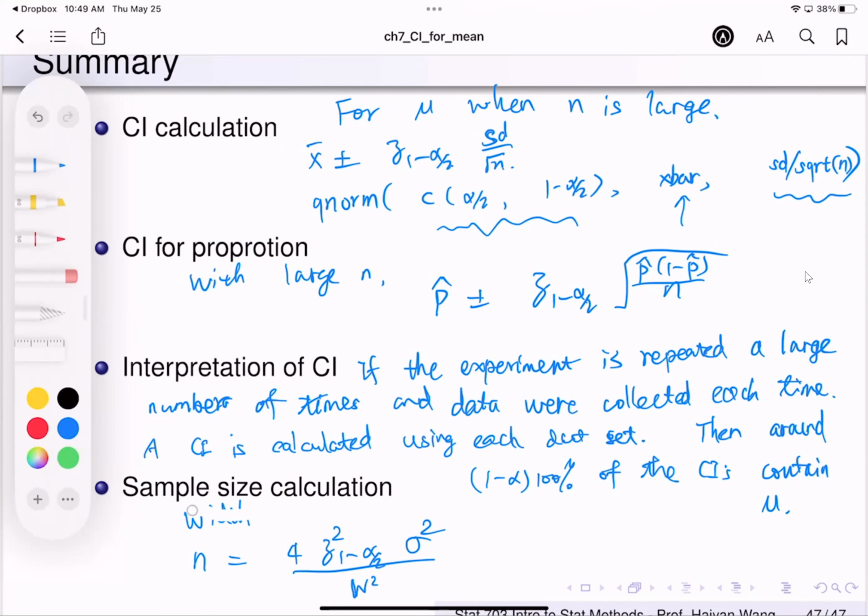On the other hand, if you were given the margin of error, if E is given, then it's simply z squared times sigma squared divided by E squared. Okay, so that's the summary of what we learned about the confidence interval part.